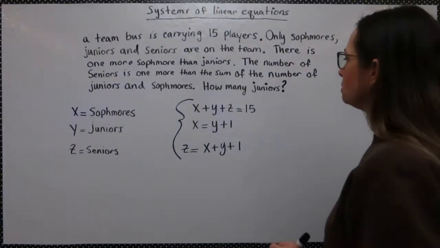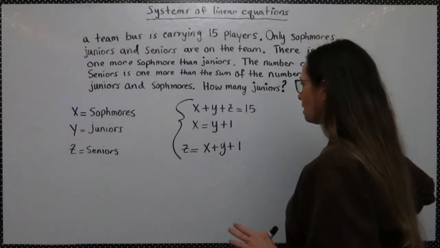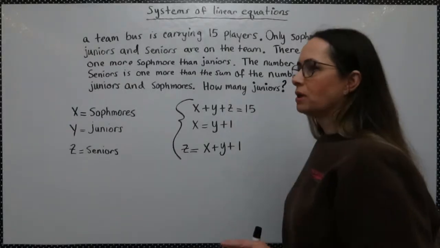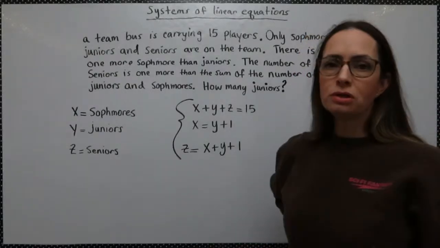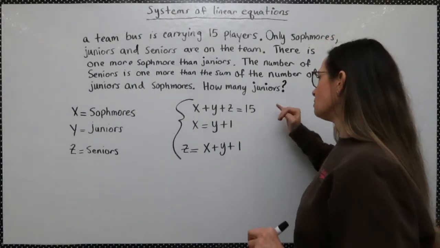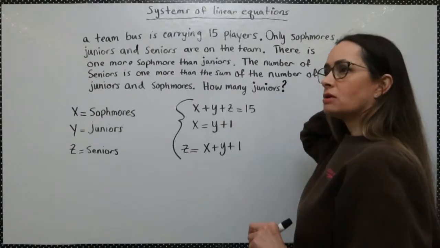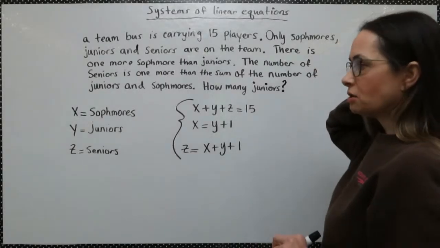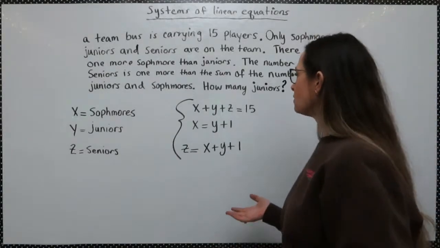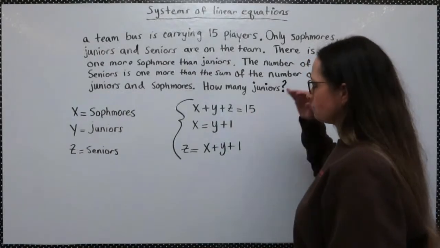So what we want to do is we can use substitution, or we can use elimination, or you can use a combination of both. You can add any 2 equations. You can multiply any equation by a scalar. A scalar is just a number. It could be a fraction, it could be positive, it could be negative, but you're able to multiply each equation.